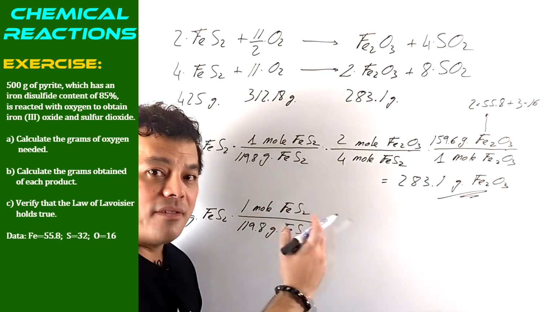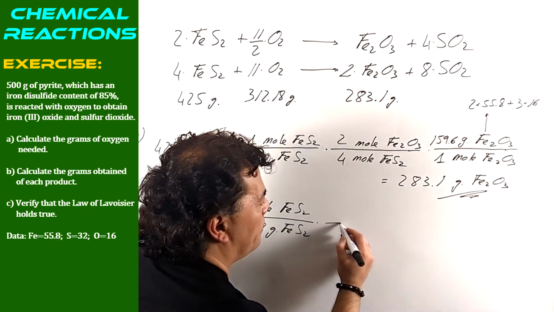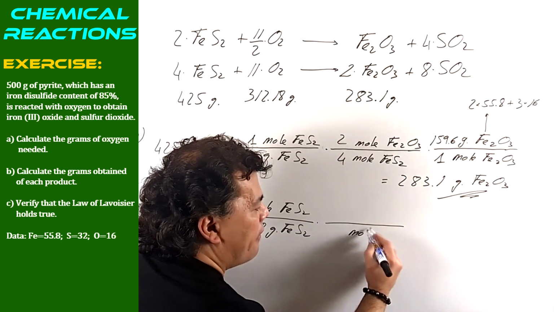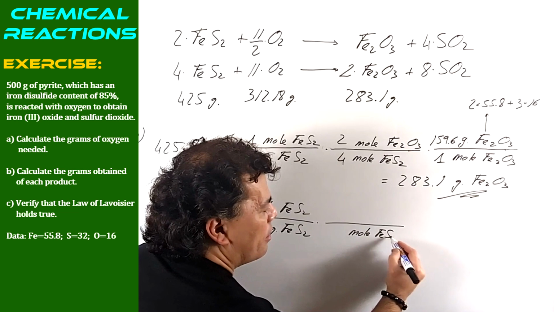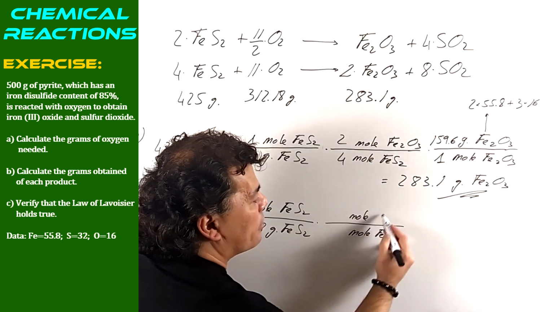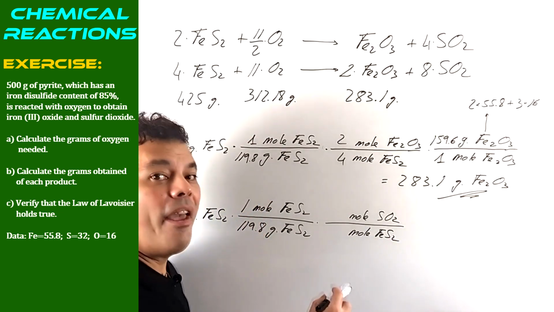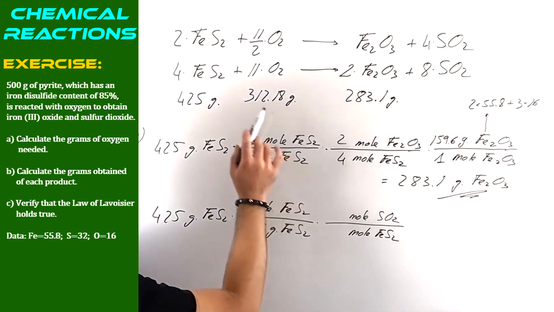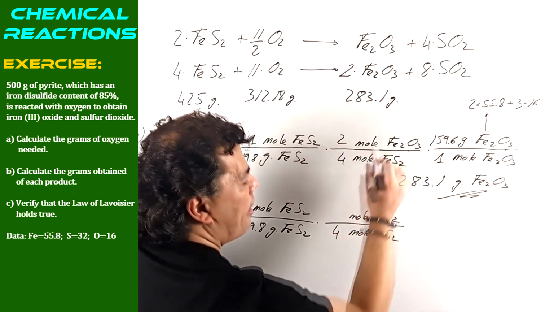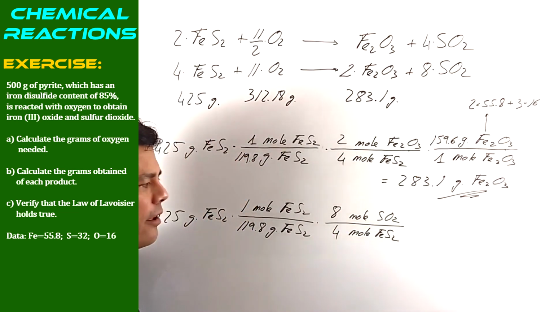And there comes the second conversion factor. We are changing from moles of iron disulfide to get into moles of sulfur dioxide. And there comes, of course, the stoichiometric coefficients, number 4 for iron disulfide and number 8 for sulfur dioxide.